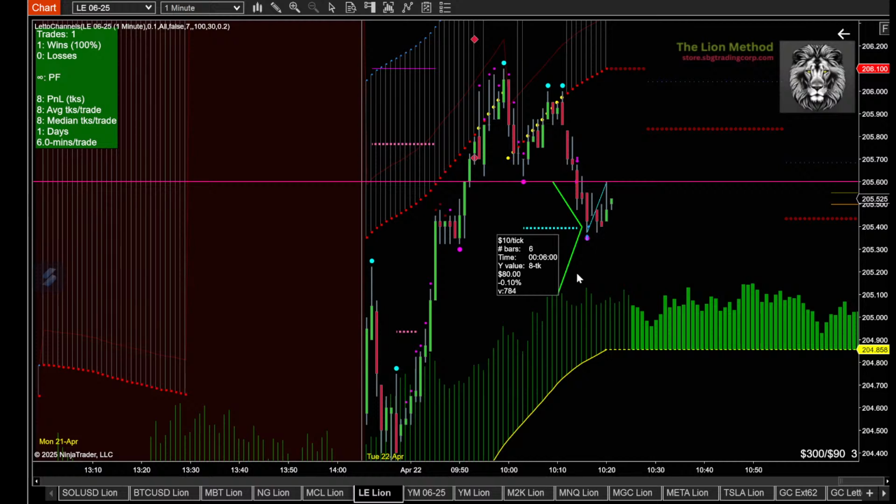So I was thinking of holding on to this trade all the way down to the 100, which is our next target. But I was also saying to myself, once I hit the extension level, I'll just move my stop to break even. That would have been a mistake. We would have probably gotten stopped out at break even. So what I did instead is I hit a single. I got $80 on a single.